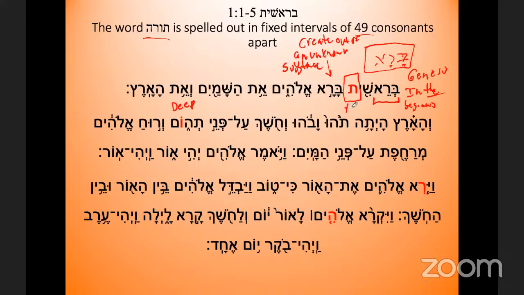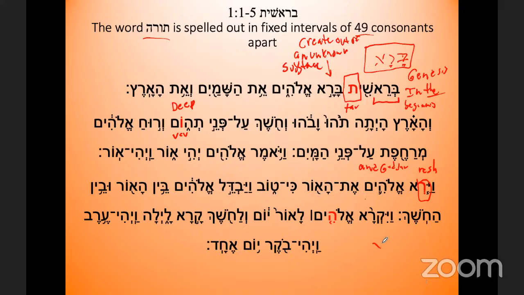So in case you don't know, this is a tav, and then a vav, we just say vav. And then we count 49 letters again, and we come to vayar, and he saw, or vayar Elohim, and God saw. And we have a resh. And then we count 49 letters again, and actually we come to the word Elohim, which is always in the plural, by the way.